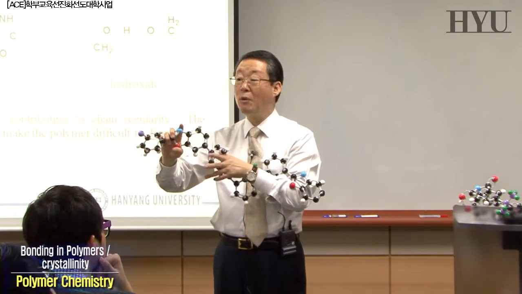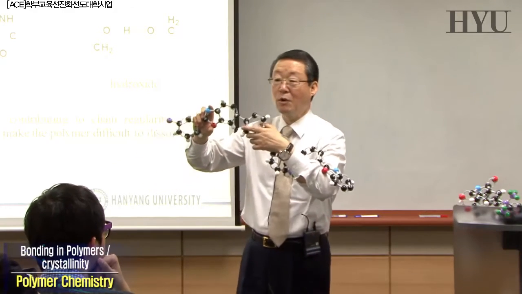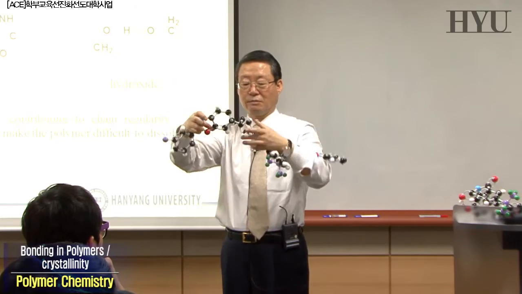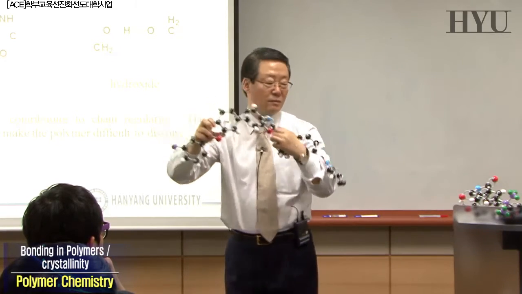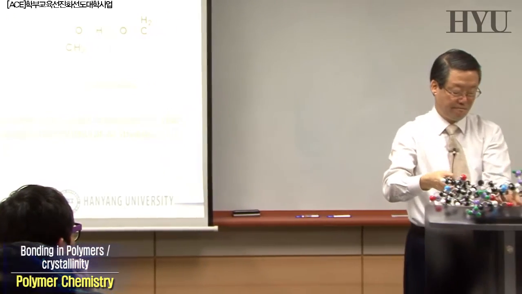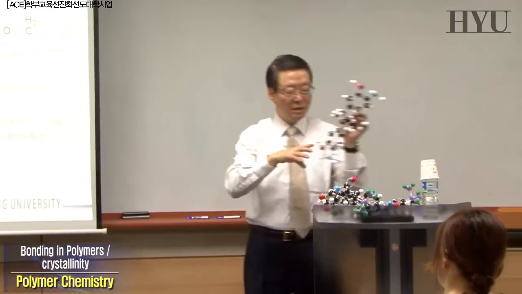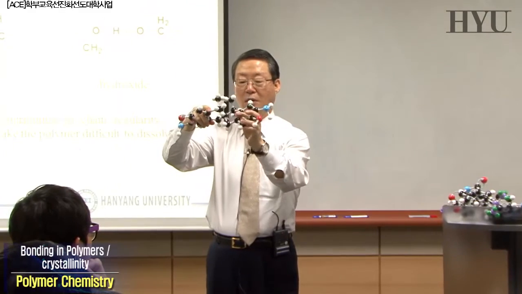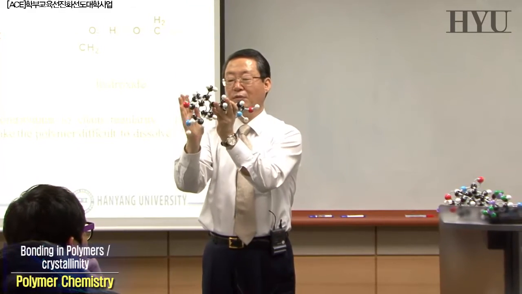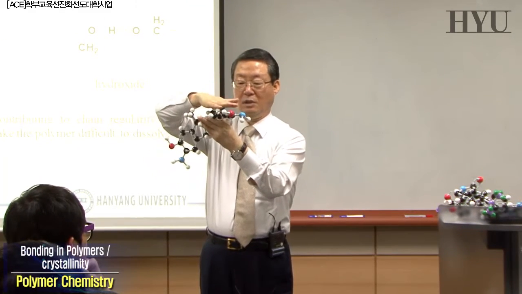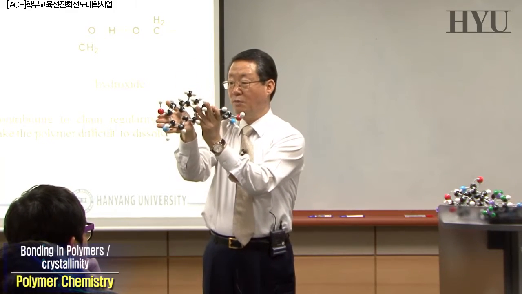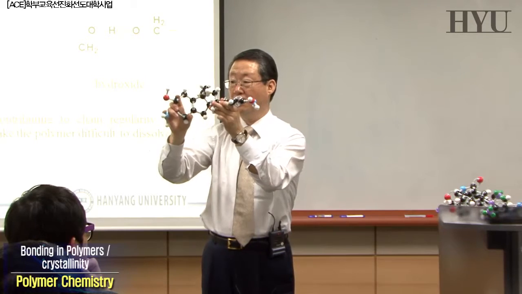Whereas the amorphous structure, or the random structure, such as the case of a spiro group. Now these are two different planes. This is one plane, and this is another plane, and it's not rotatable.